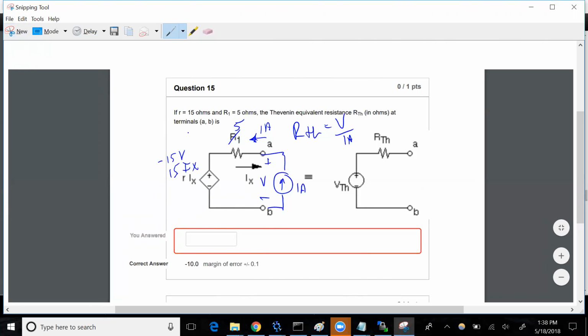And we have 1 amp going through 5 ohms, so we're going to be dropping 5 volts across this 5 ohm resistor, right? So the voltage is going to be 5 volts higher than minus 15. I'm just kind of intuiting it out. I'm not actually doing KVL, but you could do KVL for all these things. I could do it that way too. So V is going to be minus 10 volts, and if it's minus 10 over 1 amp, so you get negative 10 ohms. Yeah, and that's when you have dependent sources, you could get a negative resistance. Not always, but you could.